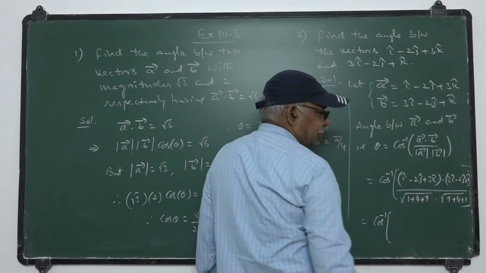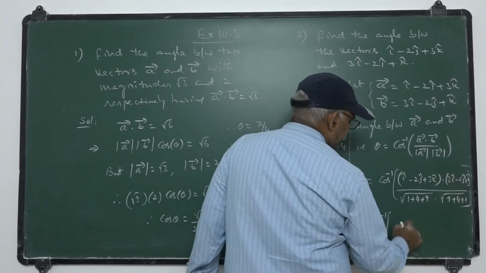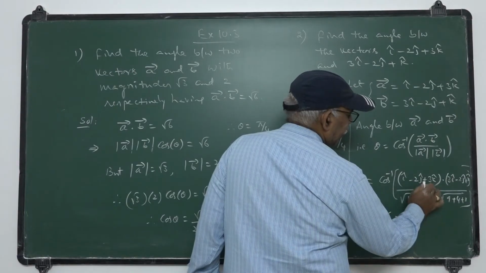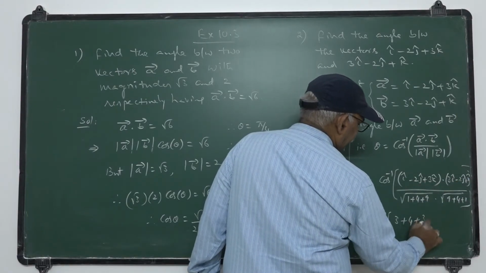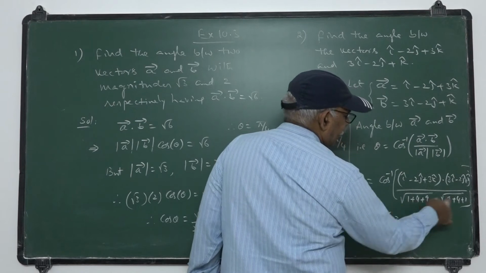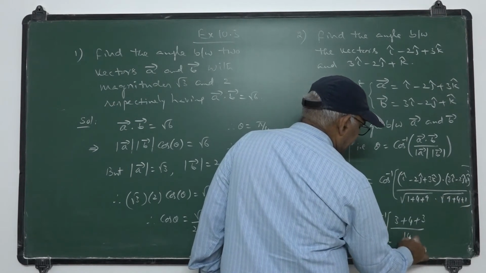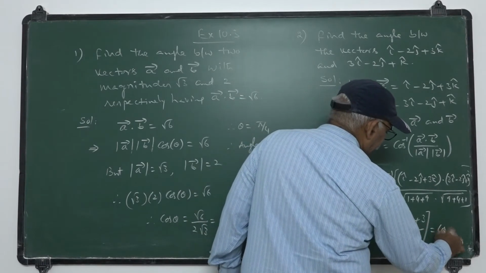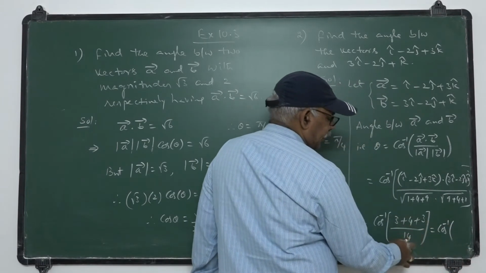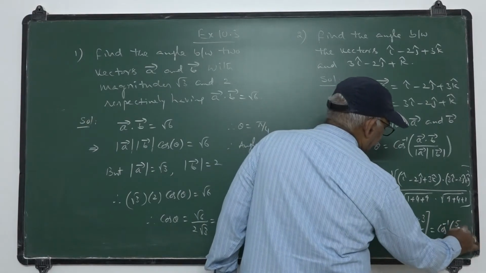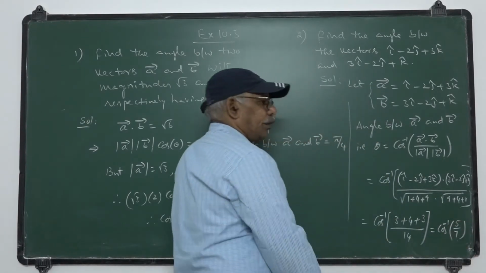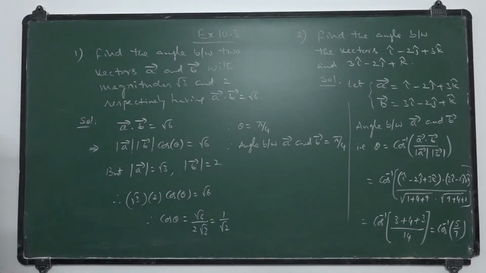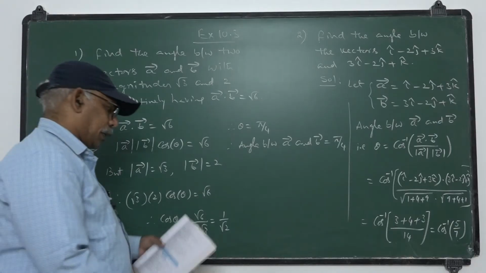Taking the dot product of these two vectors: 1 into 3 is 3, minus 2 into minus 2 is plus 4, 3 into 1 is plus 3, giving 10. The denominator is root 14 into root 14, that gives us 14. The required angle between the two vectors is cos inverse of 10 by 14, that is cos inverse of 5 by 7.